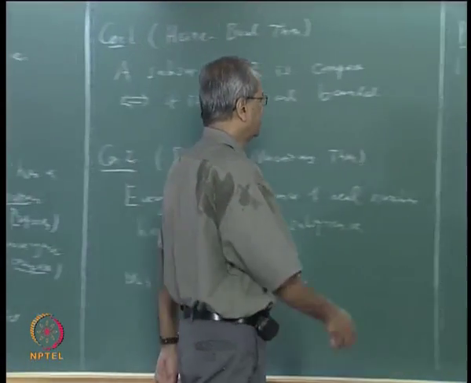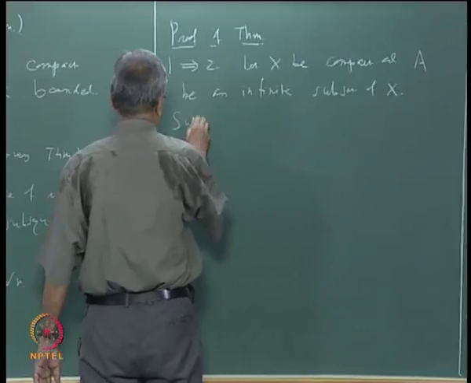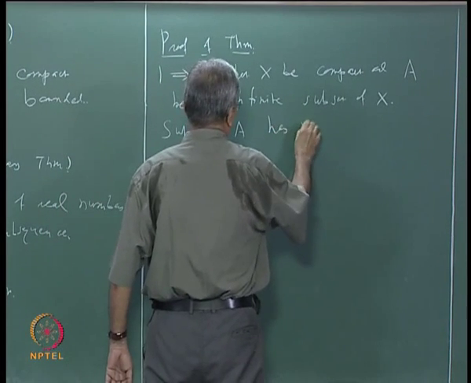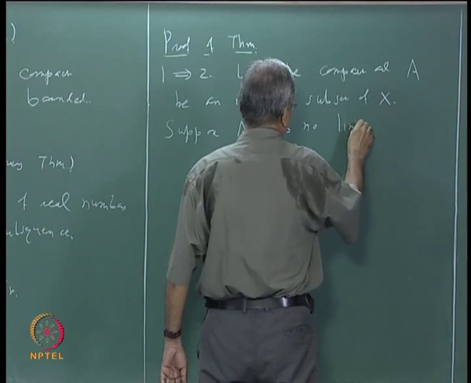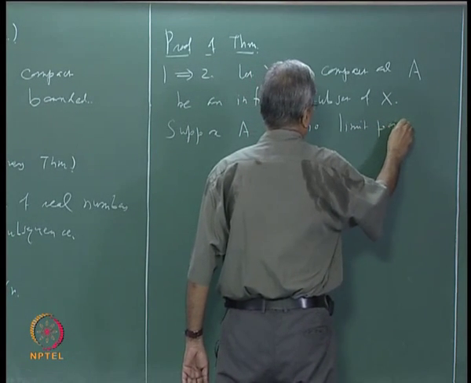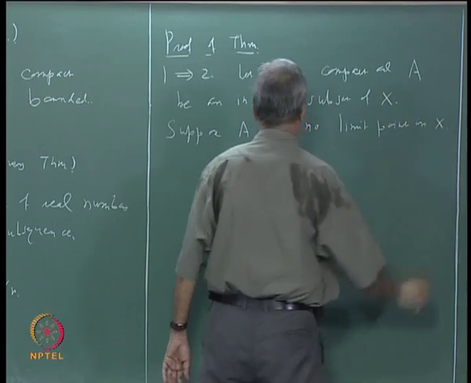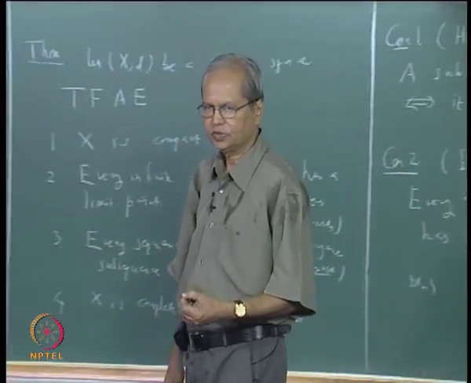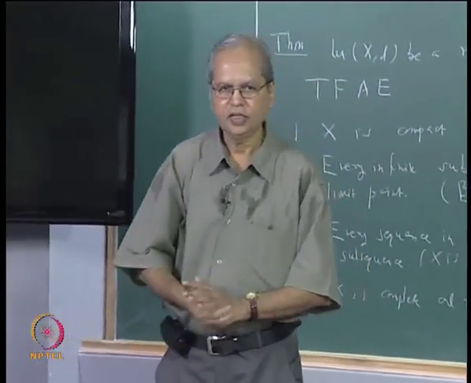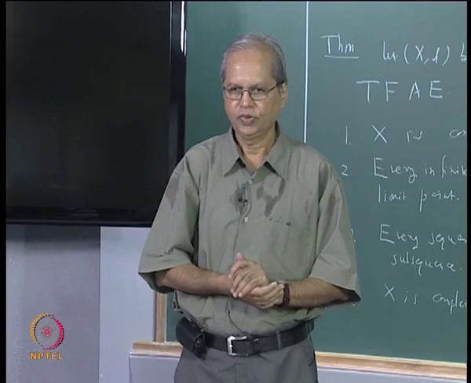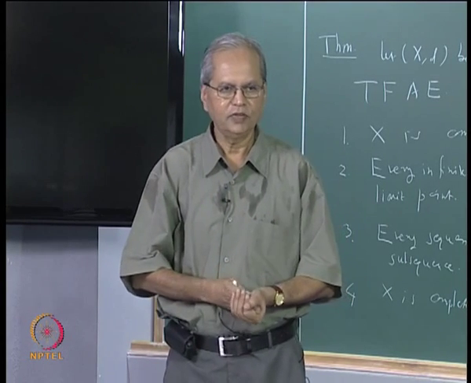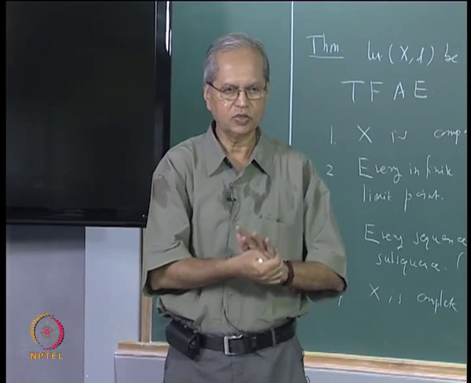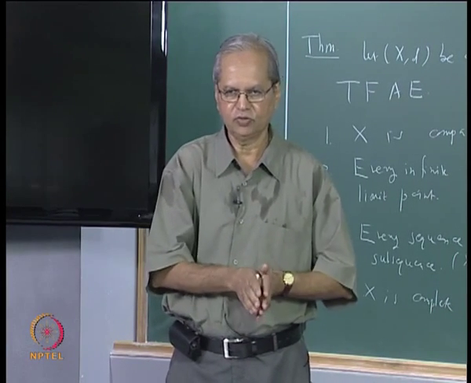So suppose A has no limit point in X. That means if you take any point small x in big X, that x is not a limit point of A. Now what does that mean? If you look at the definition of limit point, we say that if you take any open ball with center at x, that should contain at least one point from A other than x itself.